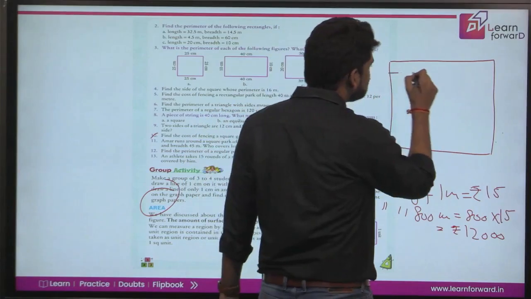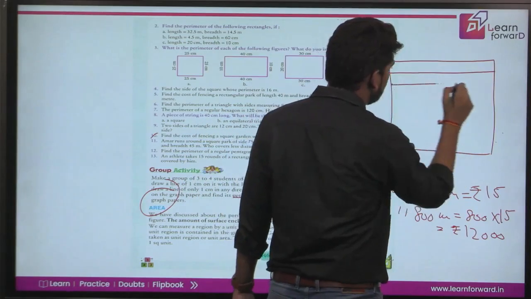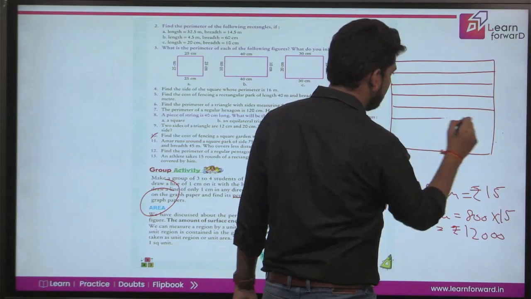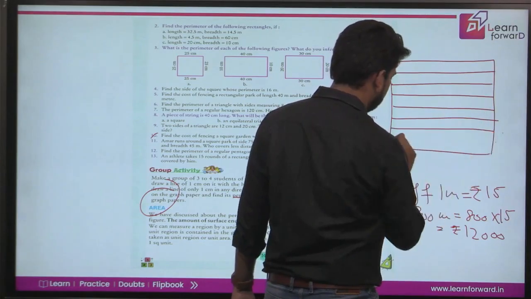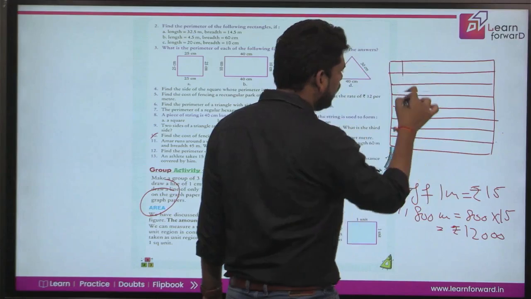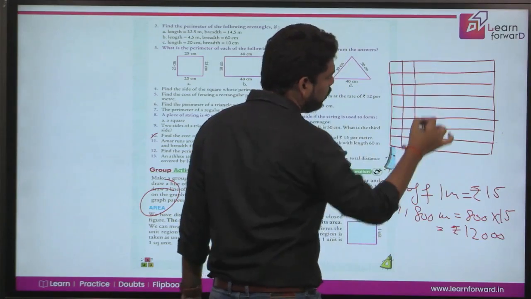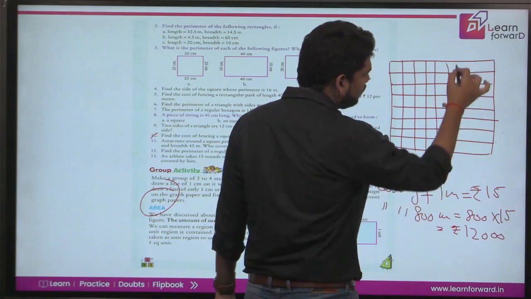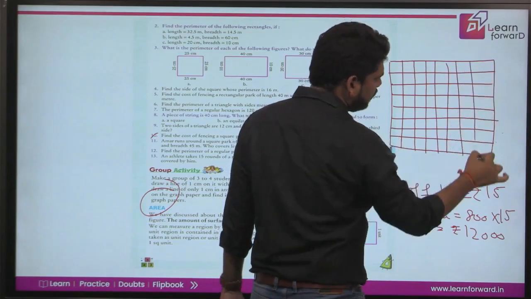And how many lines are there? Total 8 divisions. 1, 2, 3, 4, 5, 6, 7. Here also 1, 2, 3, 4, 5, 6, 7.